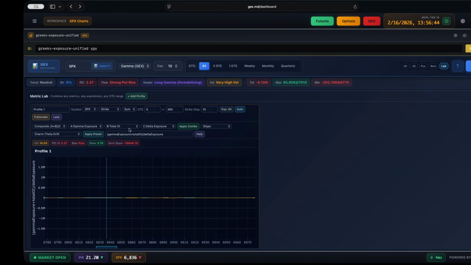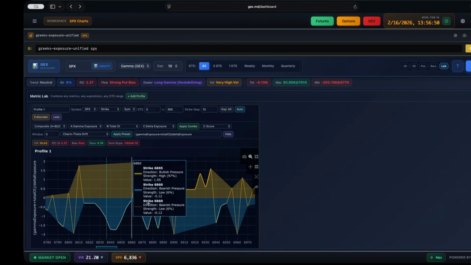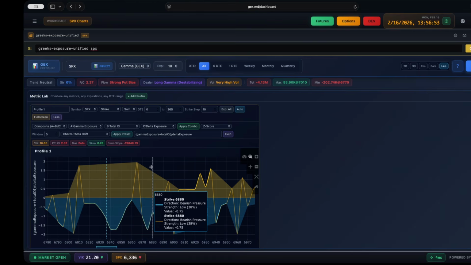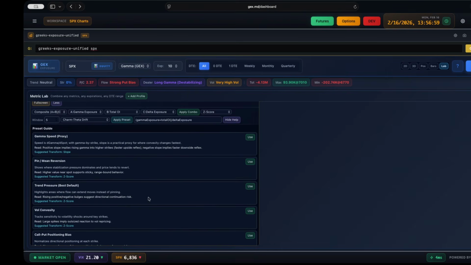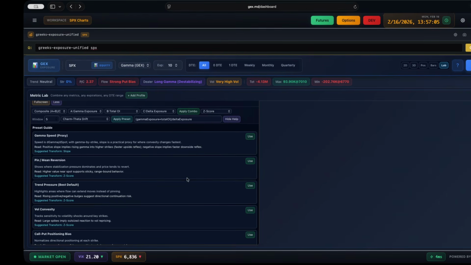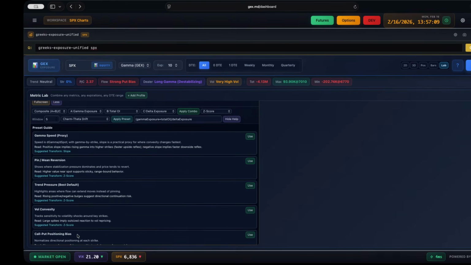It's nothing here, but you get whatever you want to see. Then, if you don't know what to do, click on help, and they're going to tell you how to use the preset and what the transform suggests, and then you go from there.